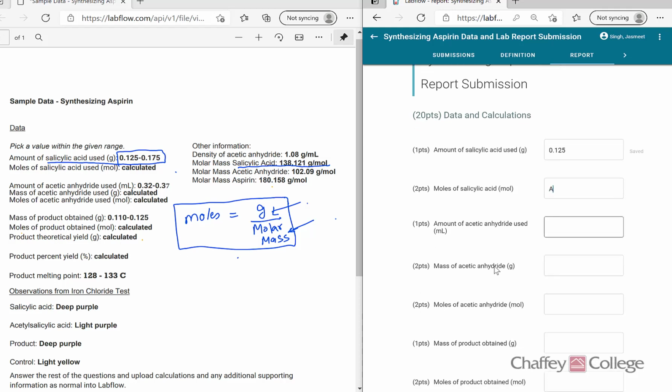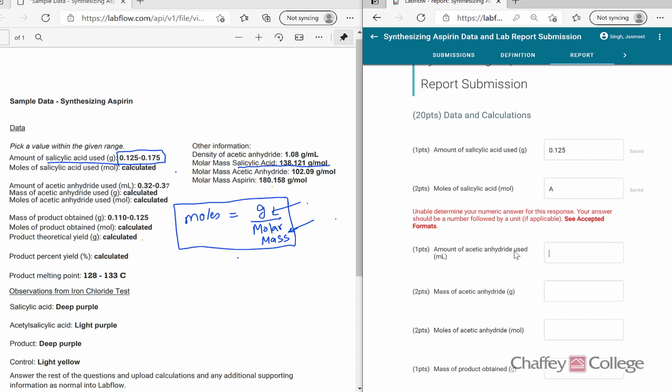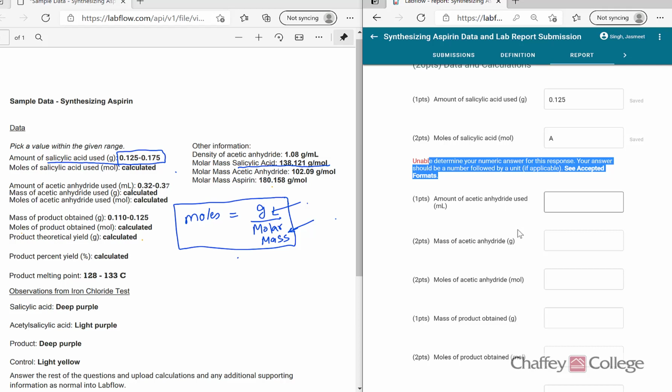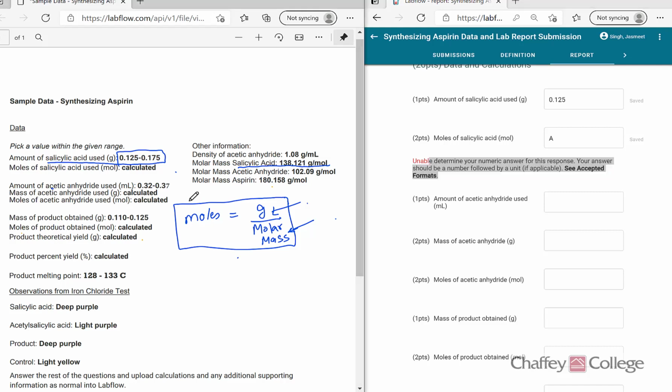The next is the amount of acetic anhydride used in milliliters. Ignore this warning because I have not entered any number, so that's why it's telling me that A is not the correct value, which we know is not correct. Anyway, the amount of acetic anhydride used is given here, in milliliters.